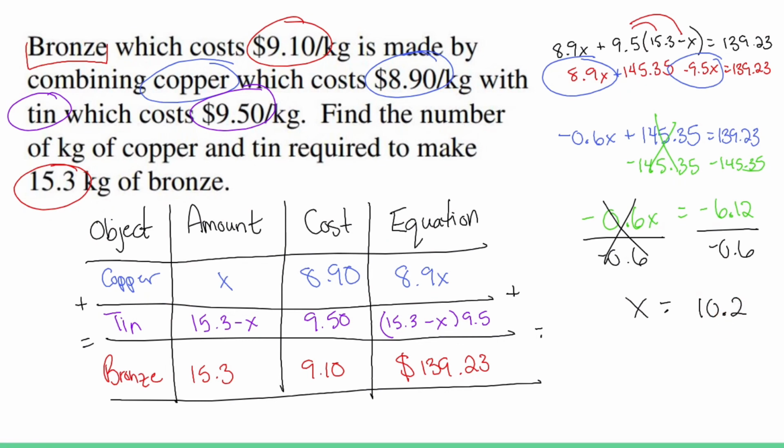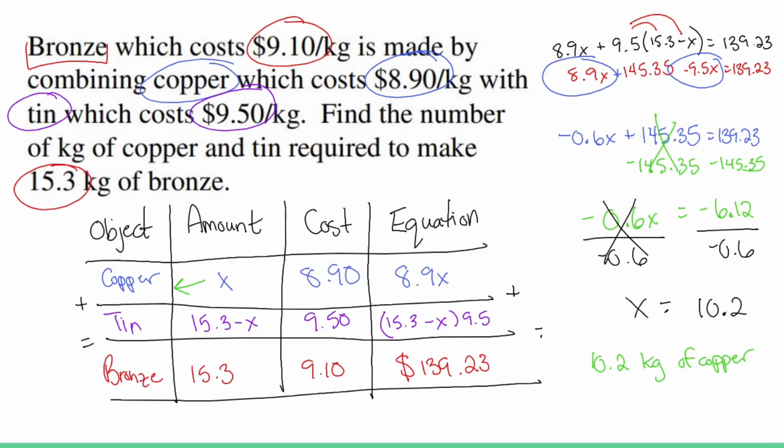Now, what does that mean? The x that we had over here is the amount of copper that we have. So we have 10.2 kilograms of copper. They want us to find copper and tin. How do we find tin? Well, tin was 15.3 minus x.